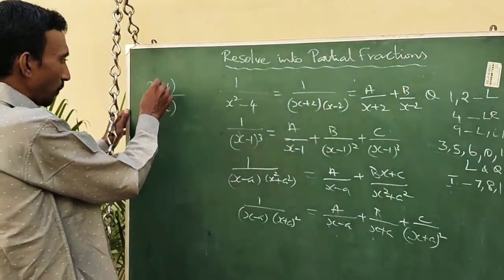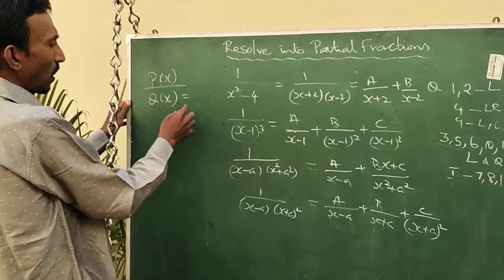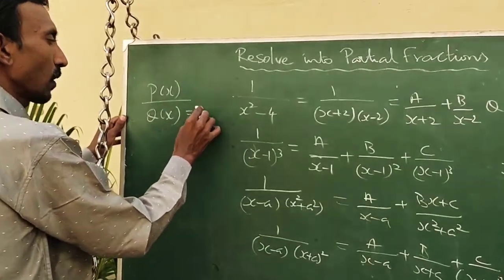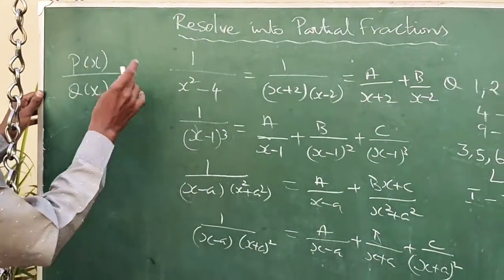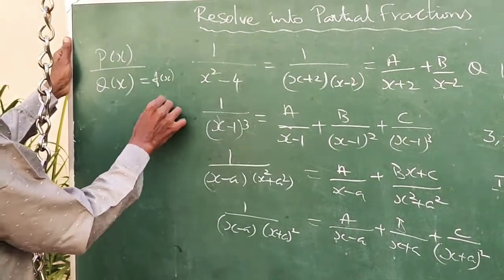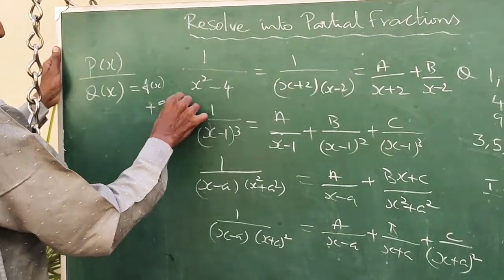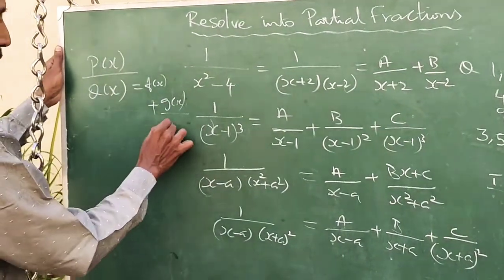Now divide p of x by q of x. Suppose the quotient is f of x, plus the remainder is g of x, by q of x.